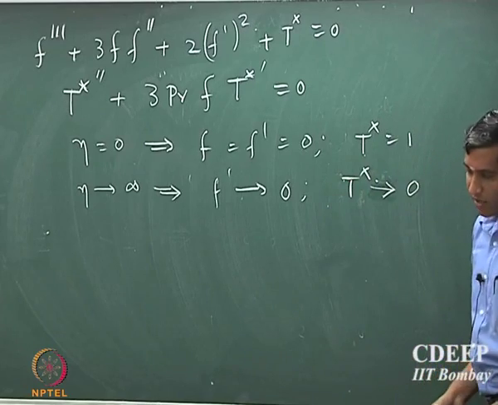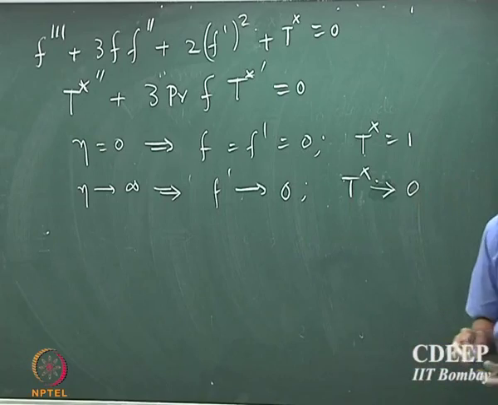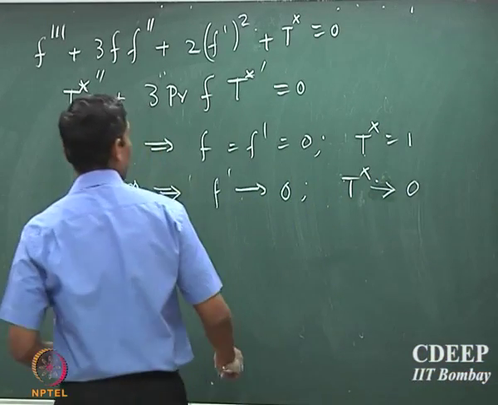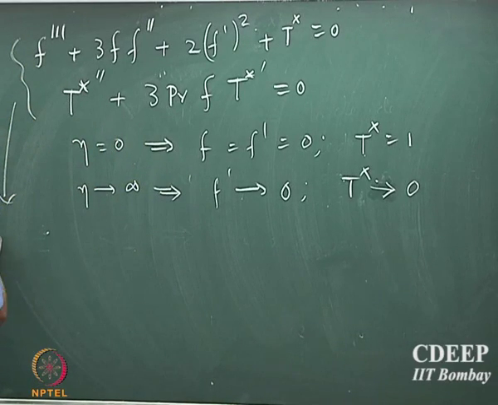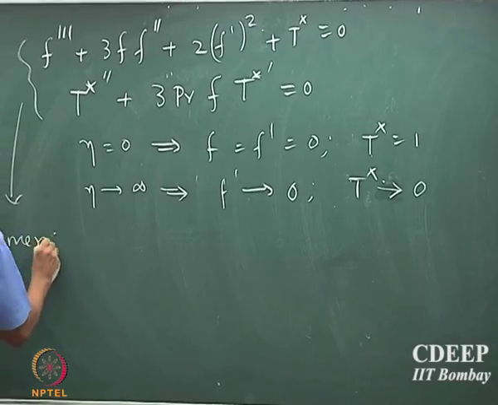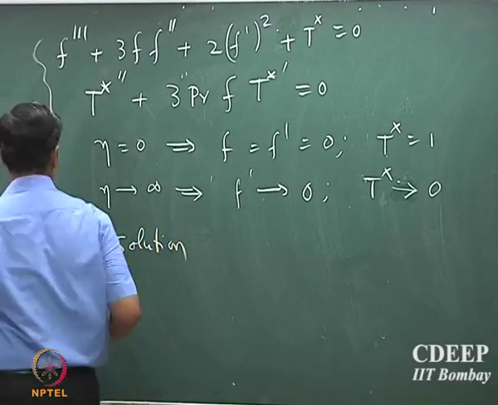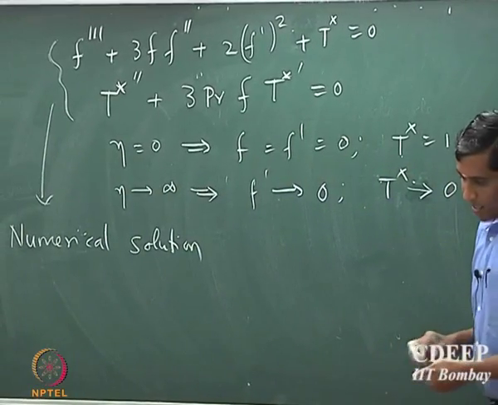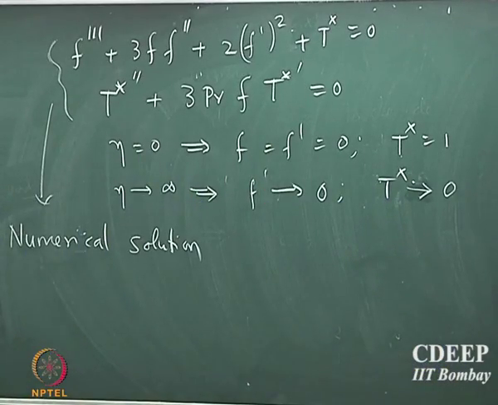So that's the model equation, and one can find numerical solutions for this. There is no analytical way to solve this equation, so one has to use numerical methods to solve these equations.